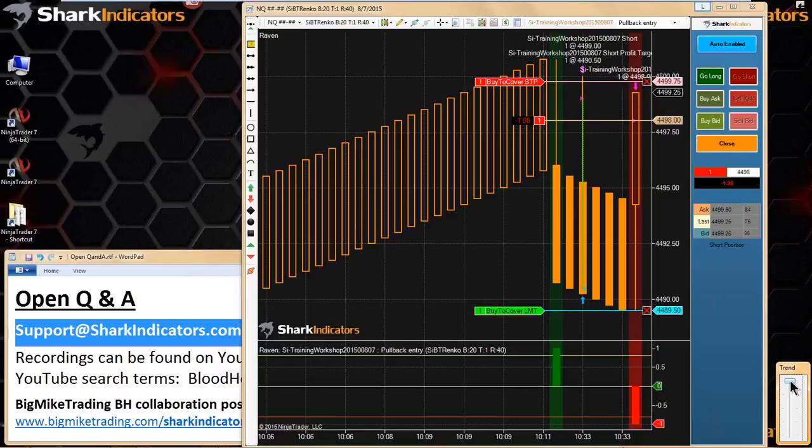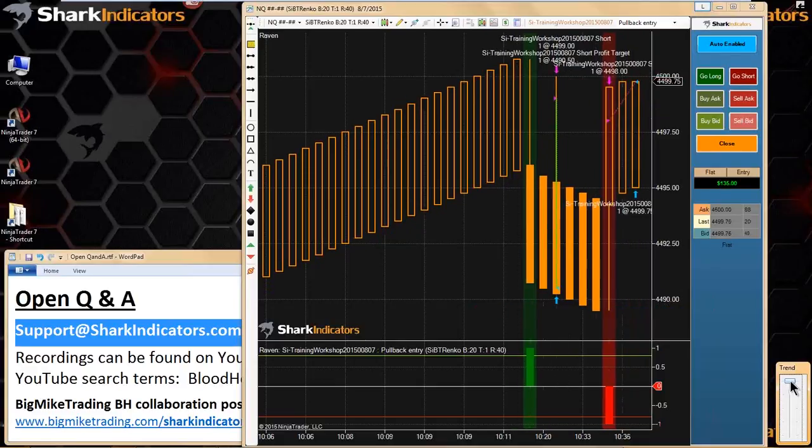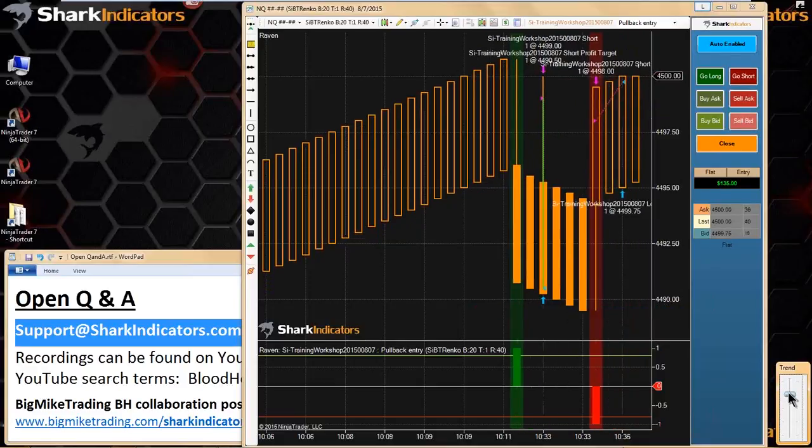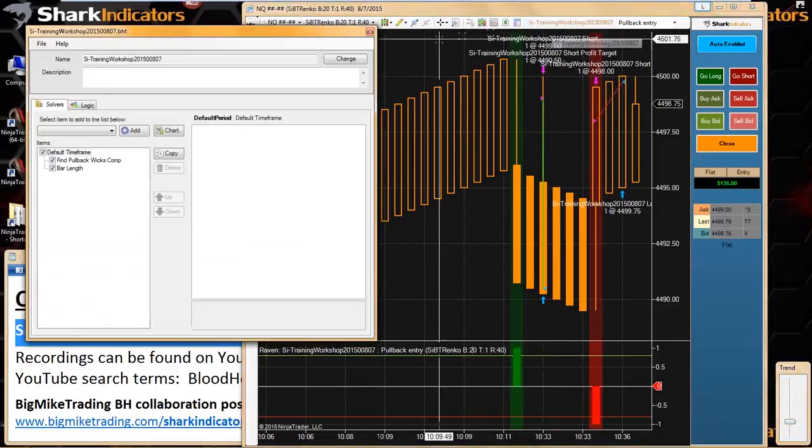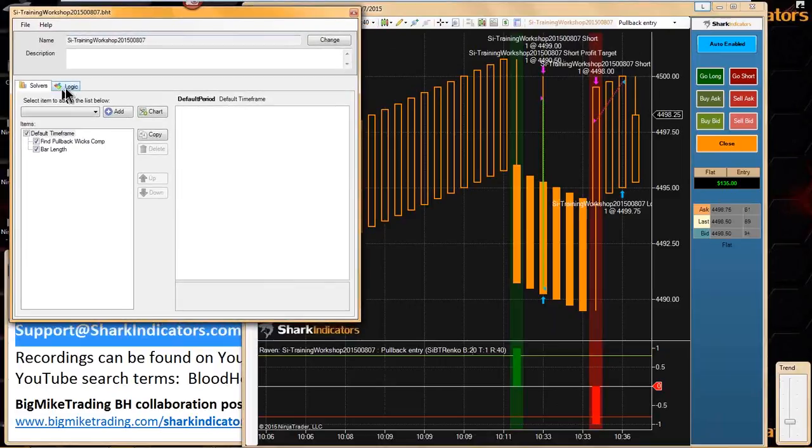So I'll turn this into a losing trade, and boom, we got stopped out. Okay, so I'm going to pull price back, and we'll generate a long trade this time. All right, let's go back in and get BloodHound opened again.